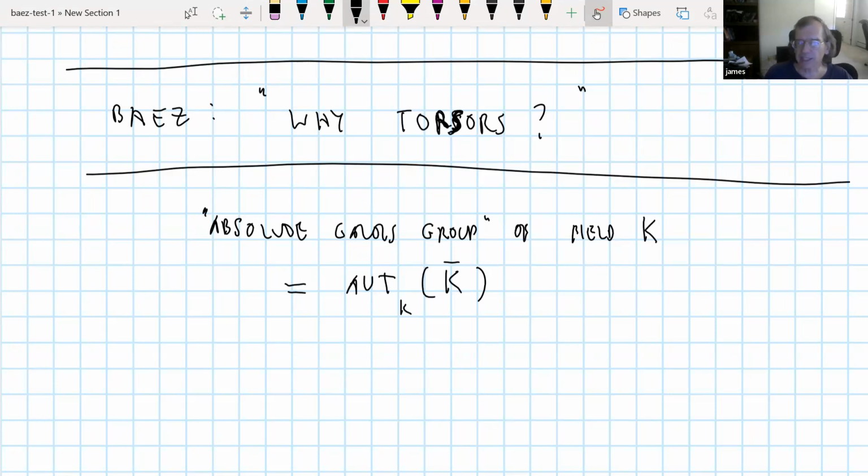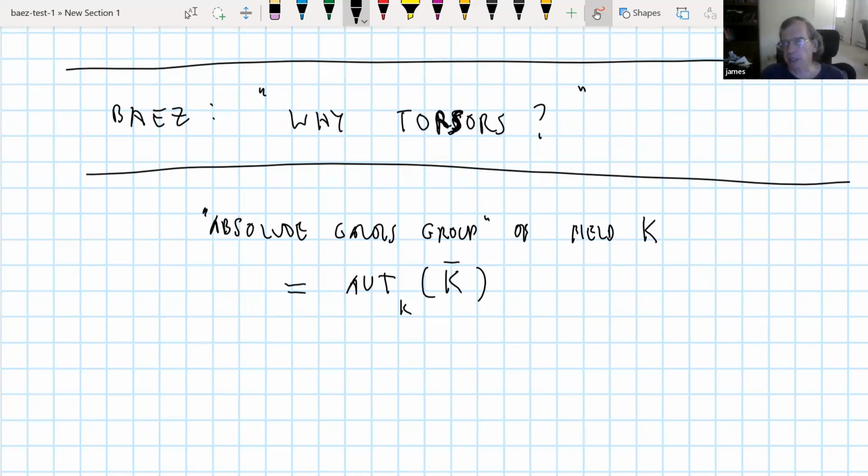But one of the things that can sometimes get annoying about that, particularly if you're really literally working over a field, is that the category you're studying can get a little bit annoying, because in that case, this moral fundamental group can be seriously profinite.